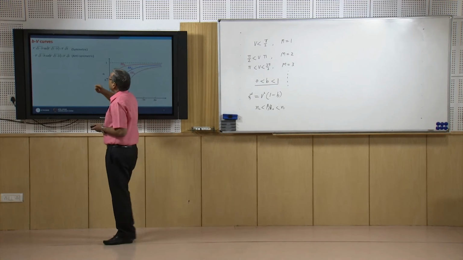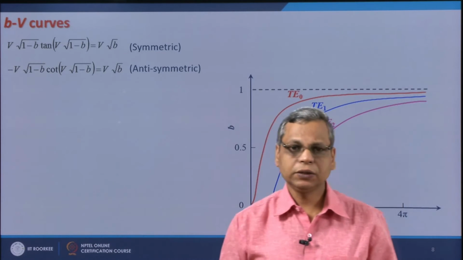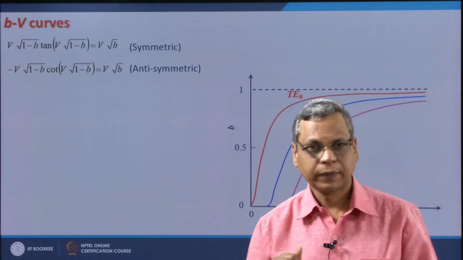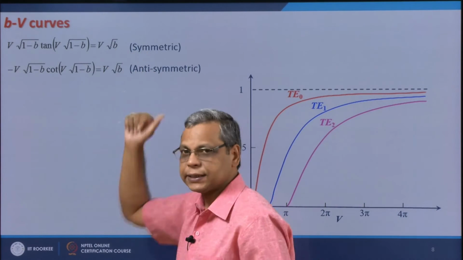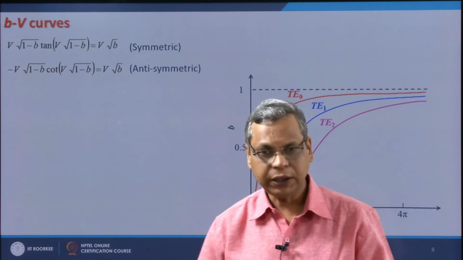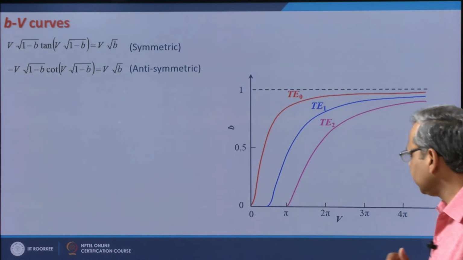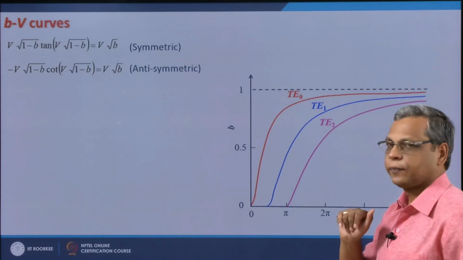What I can do is solve these equations for different values of V, find out the roots, and plot these roots as a function of V. So I start with a very small value of V.